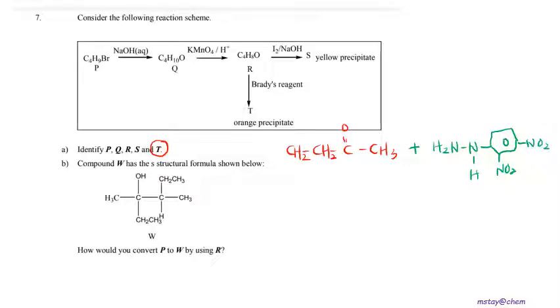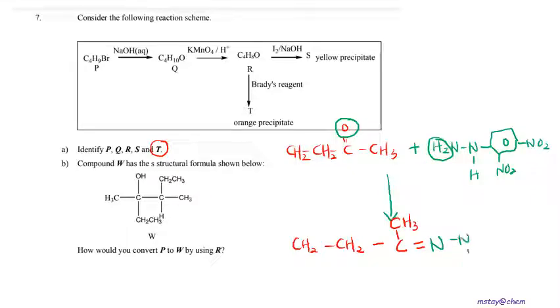As we already know, the carbonyl will have the O taken out, and the hydrogen will take out the OH to produce H2O. Oh, sorry, we are not writing the equation, so we can ignore this H2O. But then we will write CH3, CH2, C double bond, and then CH3, I put it at the top here. Next, the double bond will connect to the nitrogen H. Okay, so this is the orange precipitate T.